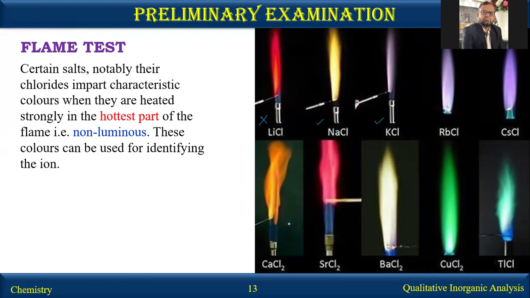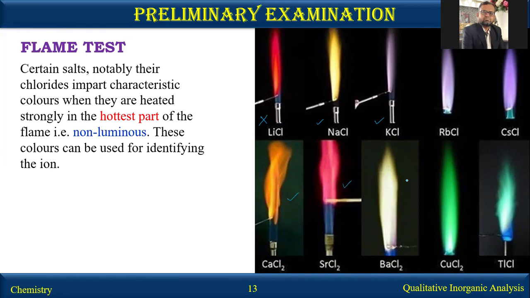Calcium is part of our syllabus. For group 5 cations, it is a very fruitful test for identification of these cations. This is the brick red color, and it happens due to the presence of calcium ion.